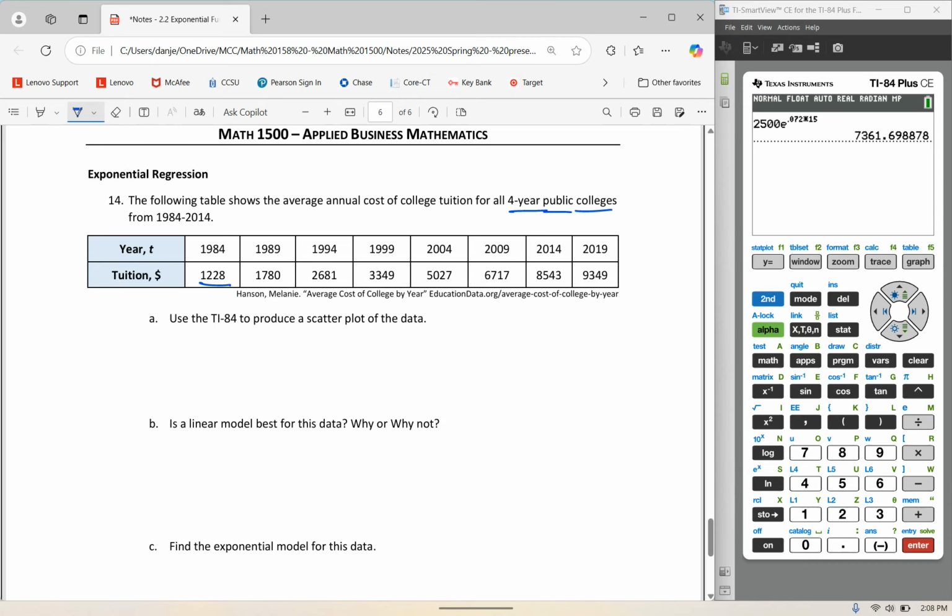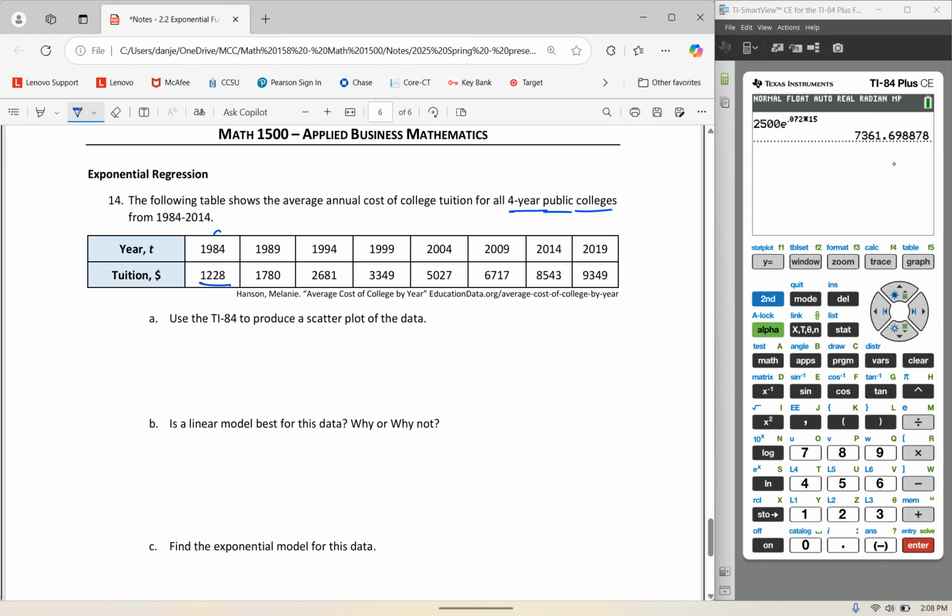And you can see how the average cost of a 4-year public college has increased in tuition from 1984 every 5 years to 2019. I want to use the TI 84 to produce a scatter plot. Now what I'm not going to do is use the years 1984, 1989, 1994, and so on.